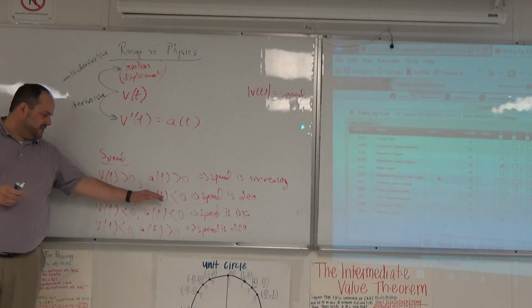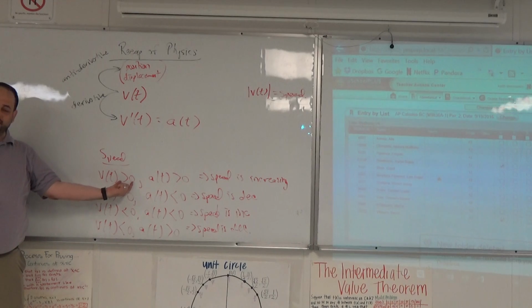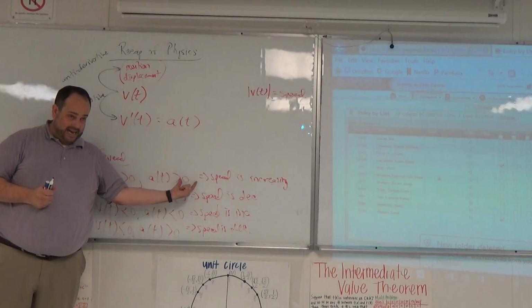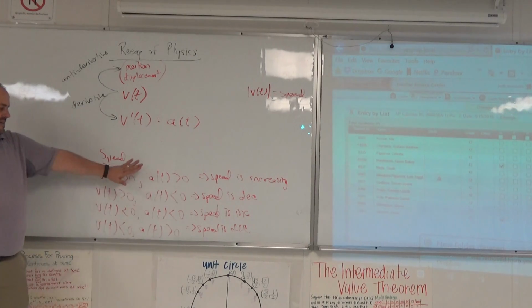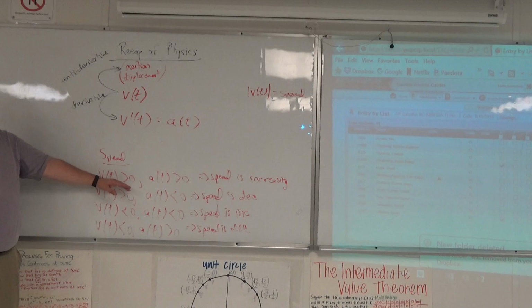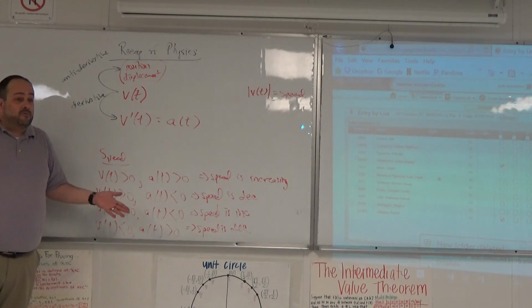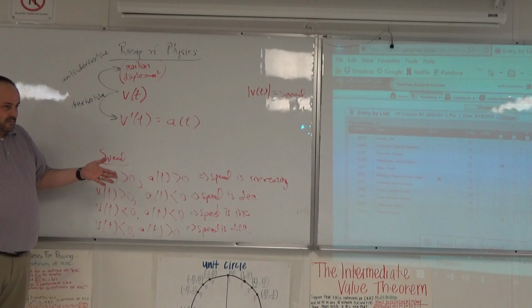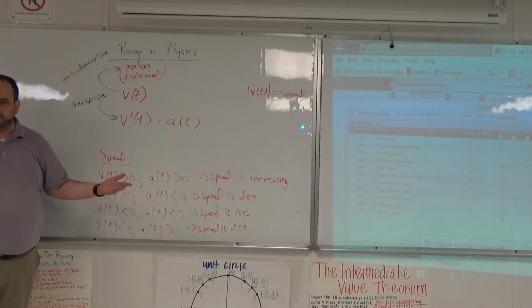Now I want to be really careful here. All of these relationships are about the velocity being positive or negative, the acceleration being positive or negative. We're not having any conversation about what if velocity is 0? Well, if you have no velocity, you're not moving. So your speed? 0. Your speed is 0 as well.